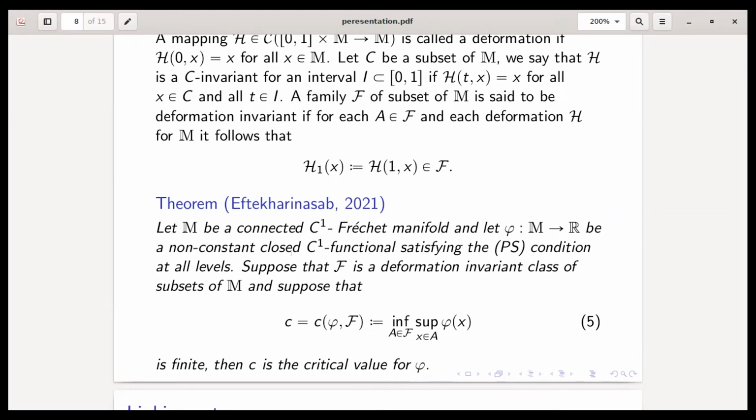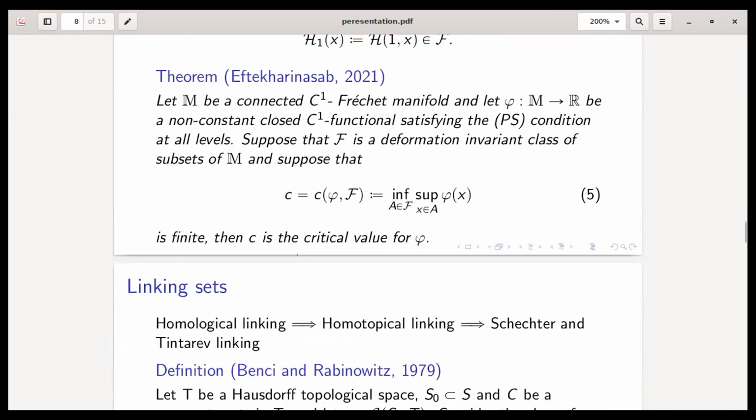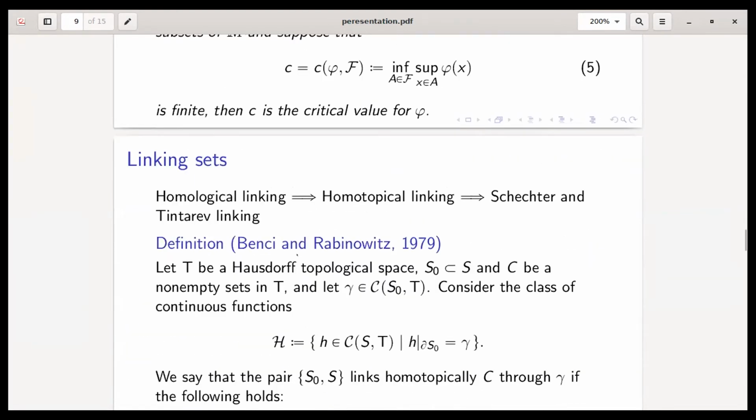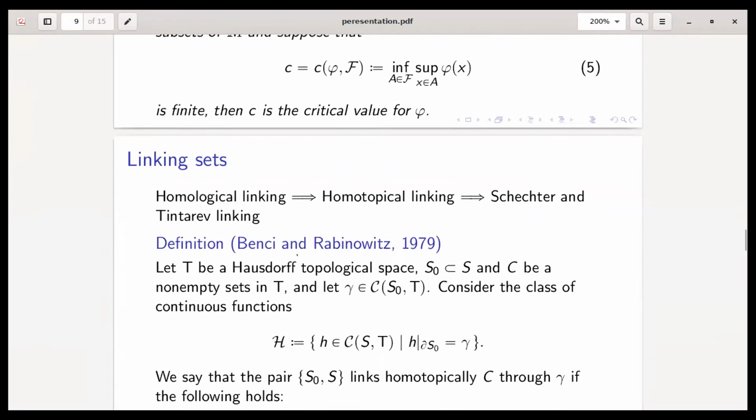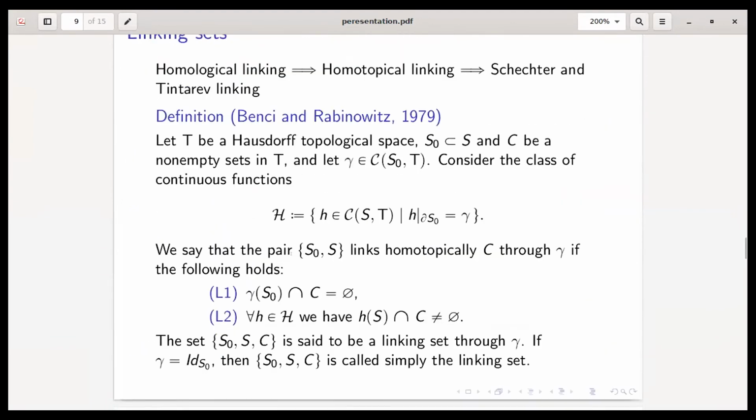Okay. As I mentioned, there are different notions of linking sets, but the one which is convenient to work with for this minimax principle is the homotopical one. This is the formal definition of the homotopical linking set.